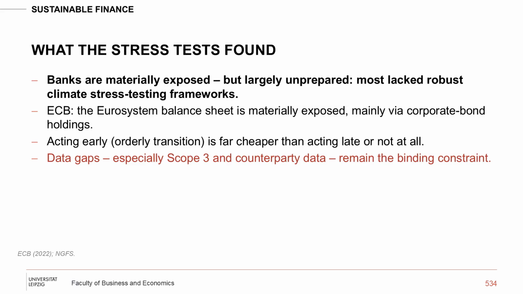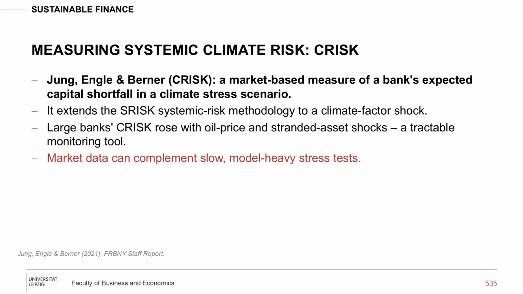Given how slow and data-hungry these full stress tests are, researchers have looked for faster, market-based measures, and a clever one is CRISK from Jung, Engler, and Berner. The idea is neat. Instead of a laborious model of a bank's loan book, CRISK uses market data to estimate a bank's expected capital shortfall in a climate stress scenario.